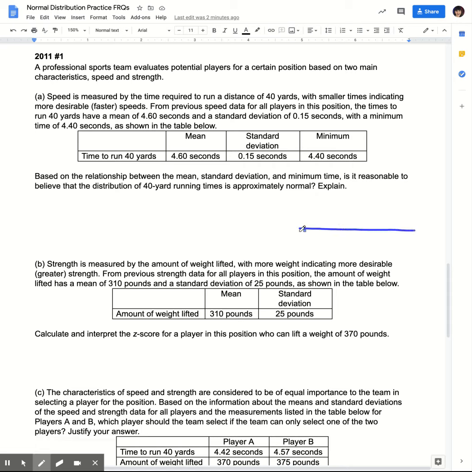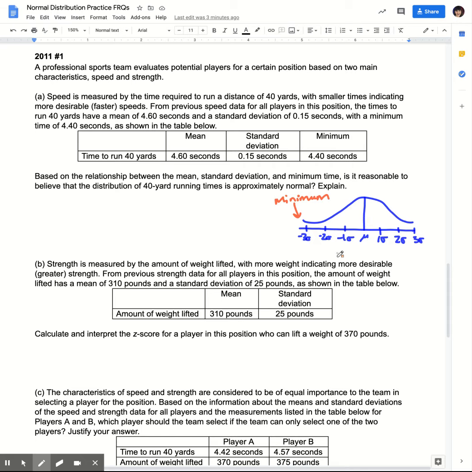Remember, in a standard normal curve you have the mean here, and then 3, 2, and 1 standard deviations below, and the same thing above, 1, 2, and 3 standard deviations. So in a normal distribution, the minimum will be around here somewhere. That's where it should be.